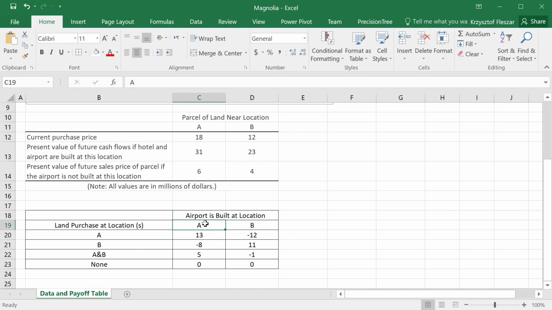If the airport is at location A and we chose B, we'll get -8, and so on. We can describe every possible situation here. So this is the payoff table. The numbers inside denote how much value each option provides, the payoff of each decision and chance combination.